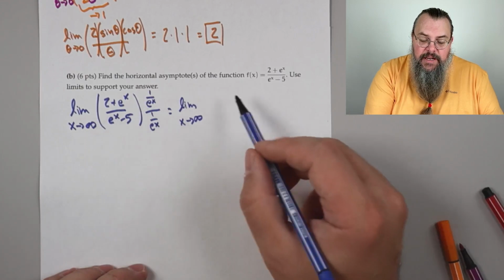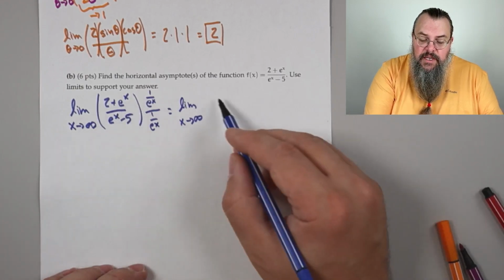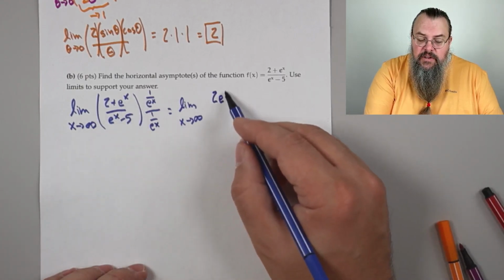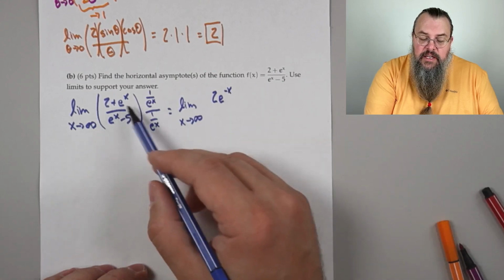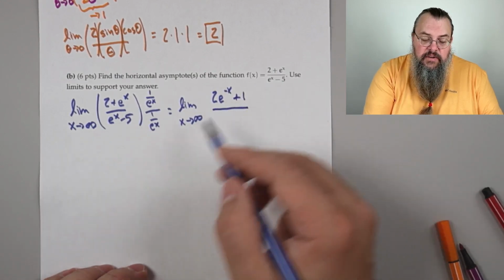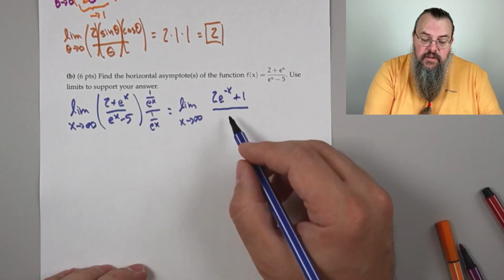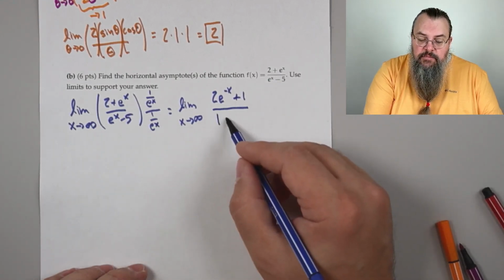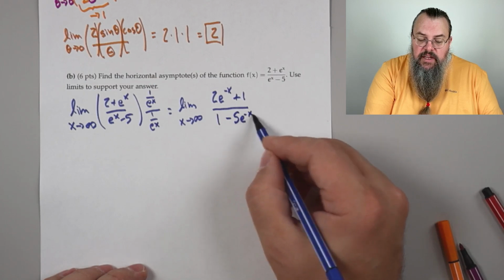So upstairs where we have 2 over e to the x, we'll write that as 2 e to the minus x. And e to the x over e to the x is plus 1. And then downstairs, e to the x over e to the x is 1. And then minus 5 e to the minus x.